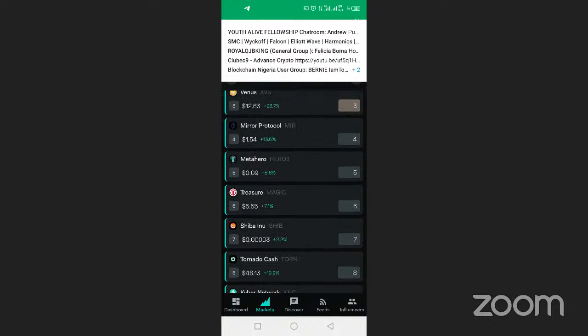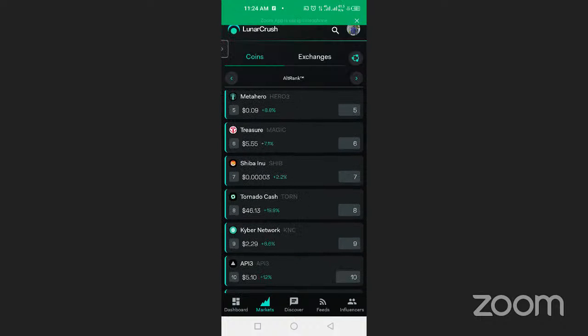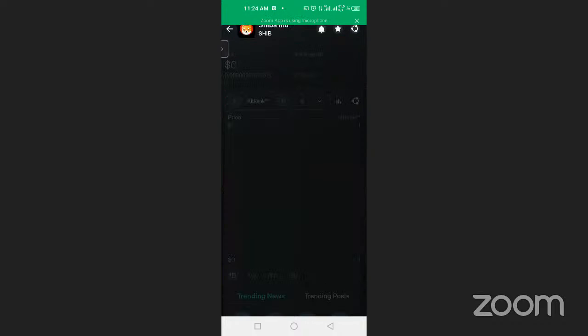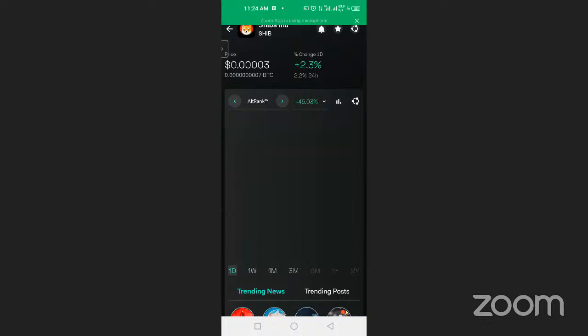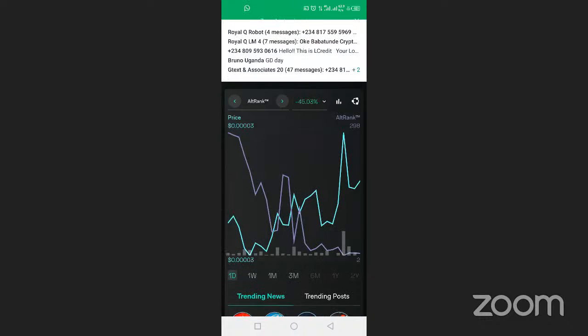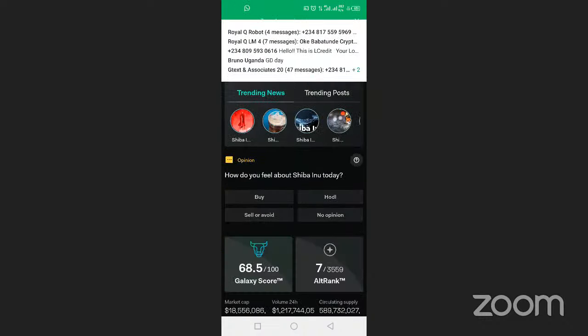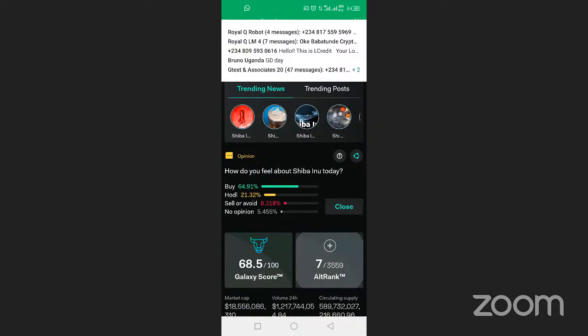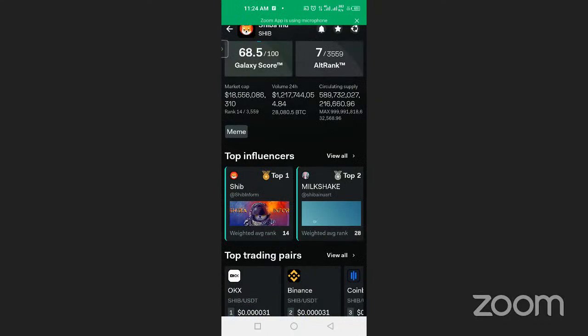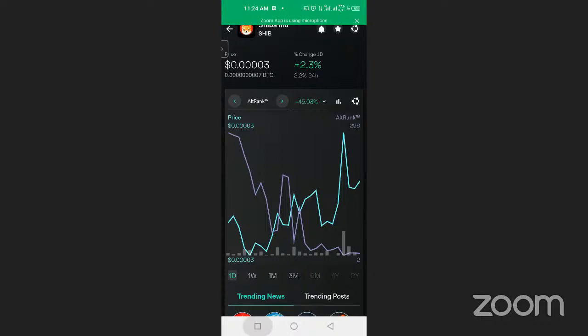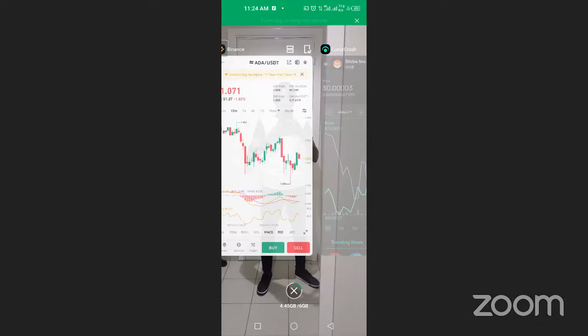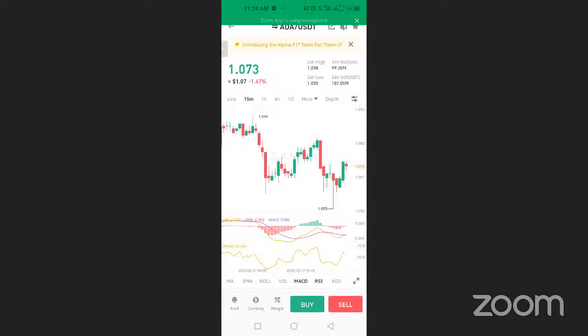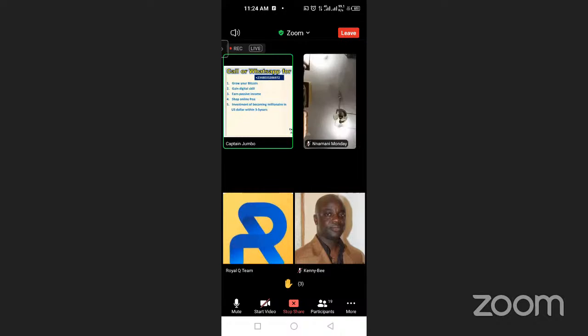So Shibano is there now, as number 7 of it. So you can also anticipate on this Shibano. Let's check the Shibano chart before we even jump in.